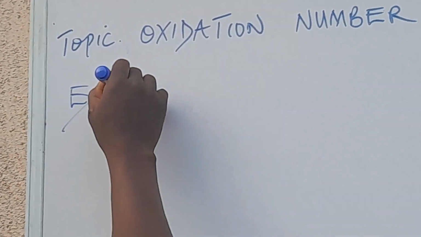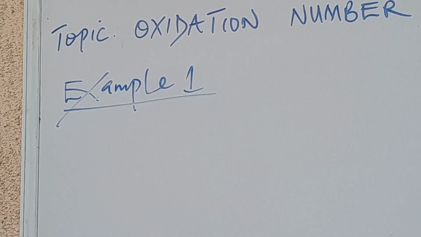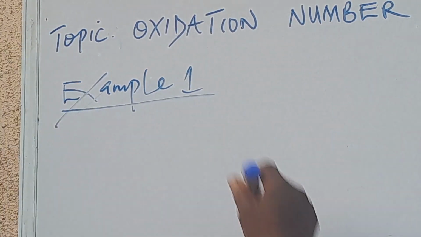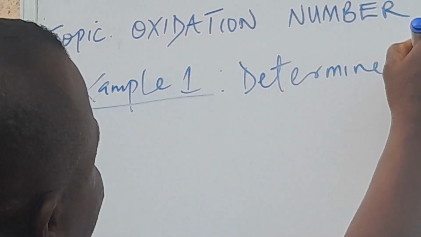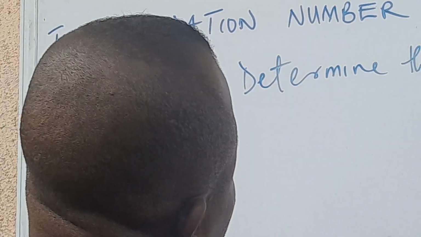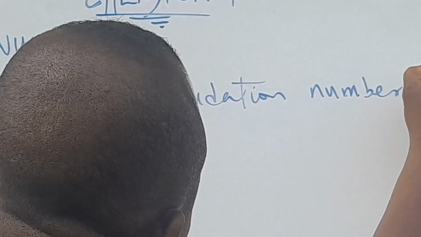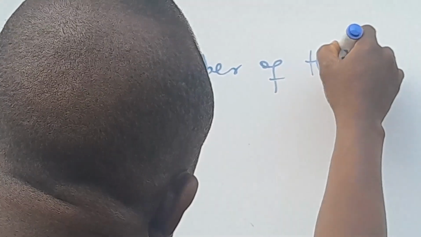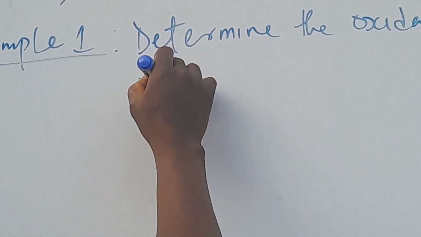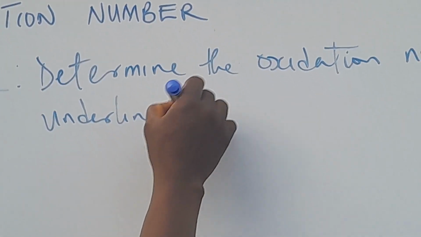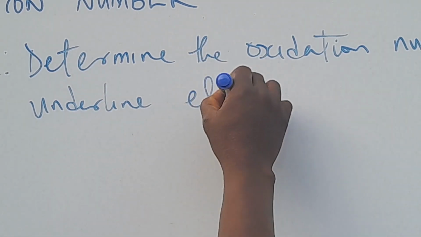Example 1. Let's determine the oxidation number of the following underlined element.